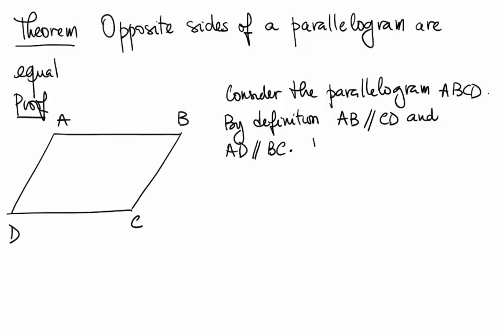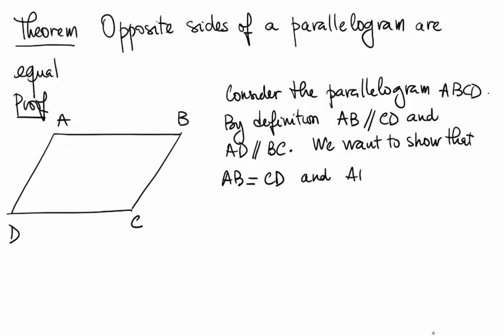Now we want to show that AB is equal to CD and AD is equal to BC. So to this end, we'll draw a diagonal DB.